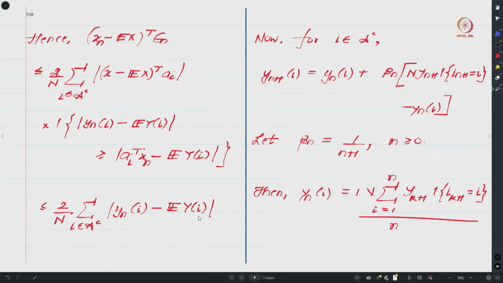So this expression will lead to something like this, and I should perhaps put an absolute value over here. This absolute value is upper bounded by this, and this is why you have an absolute value over here, and then you had the difference of signs, and the difference of signs leads to an indicator of the following form. You can check from the previous slide why this indicator makes sense, and we end up with an indicator of the following form.